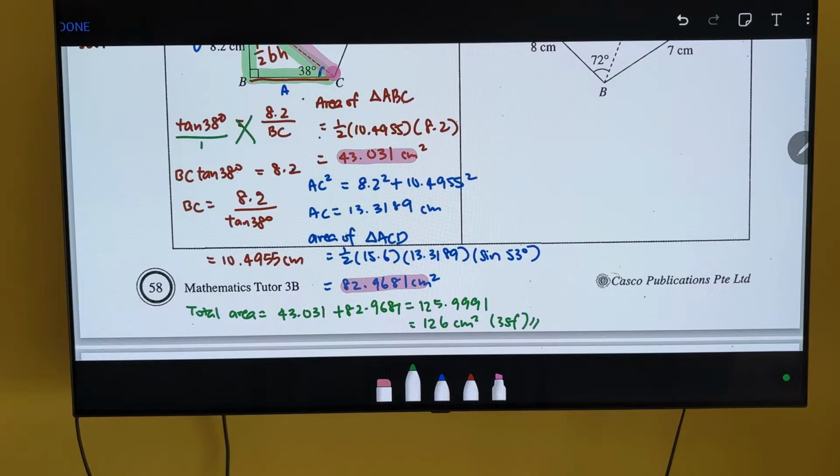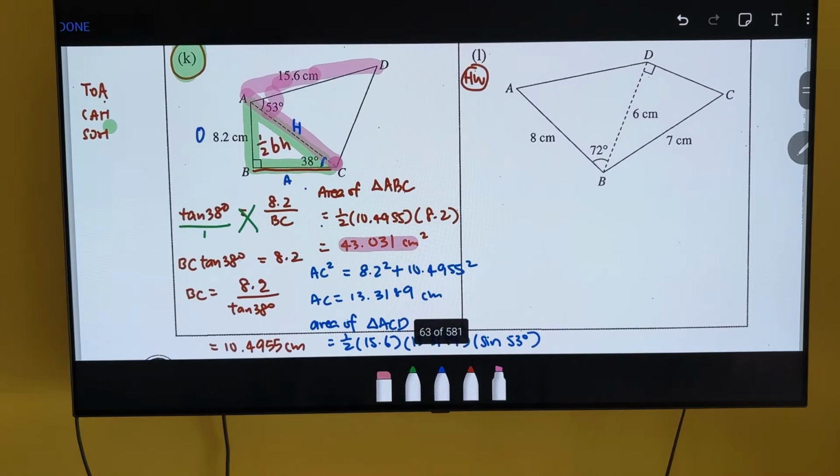So this working is rather long. You realize that it is not that challenging after all once we break down the shape into simpler shapes and we find individual lengths. So for question L, that's something that you can try as well.